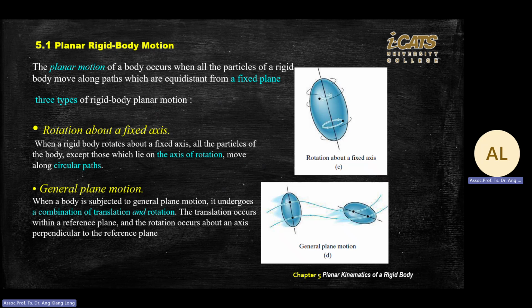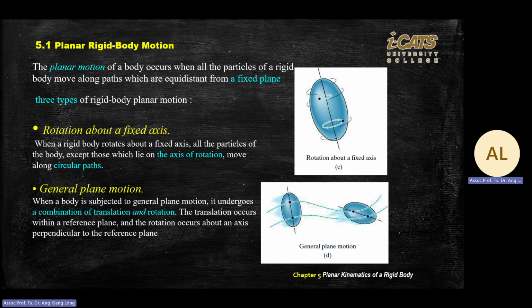Each rigid body planar motion has a different way of solving it. So you need to be careful and imagine how it reached, let's say in diagram D, from the first position to the final position. It must have a combination of translation plus rotation and then translation again.